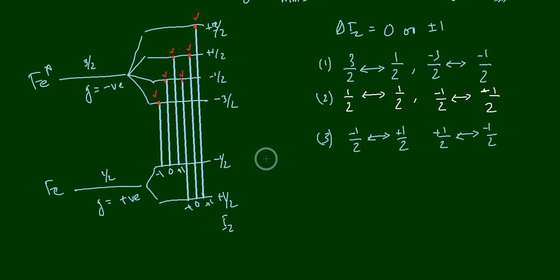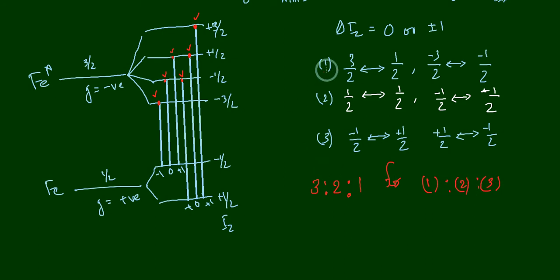Now, considering the relative probabilities of these three pairs, the ratio is 3 to 2 to 1 for pair 1 to 2 to 3.